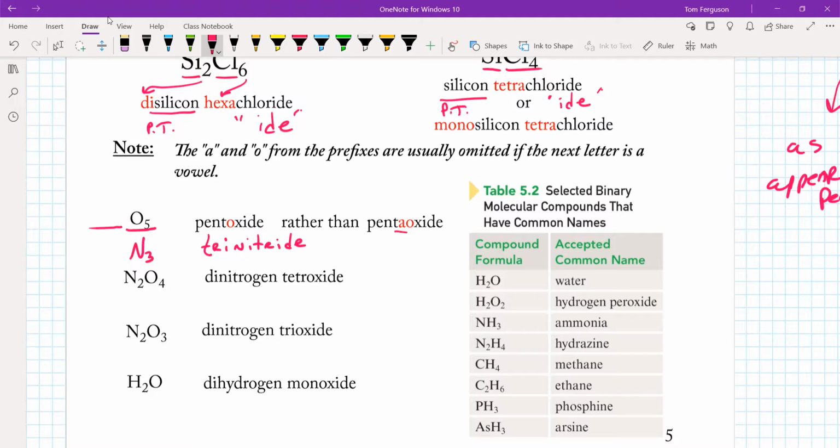And remember, when we have two vowels together, we eliminate the first one. So that's pentoxide. Instead of tetraoxide, it's tetroxide, trioxide, monoxide. Okay. And it only applies to the A and the O, not the I, like in tri. Okay.